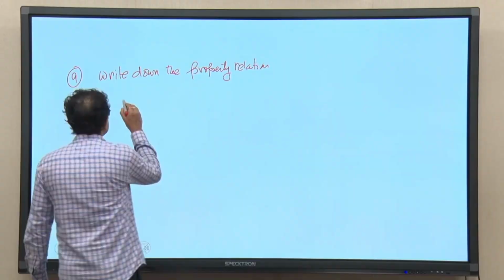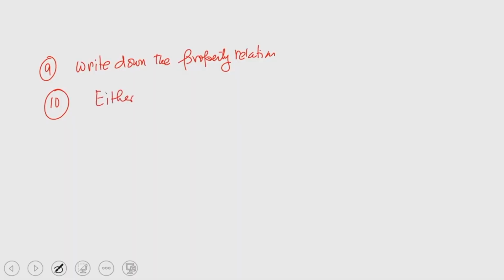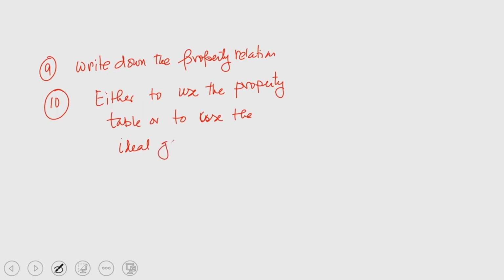So, basically I am writing to use the property table or to use the ideal gas relationship for the calculation of property.